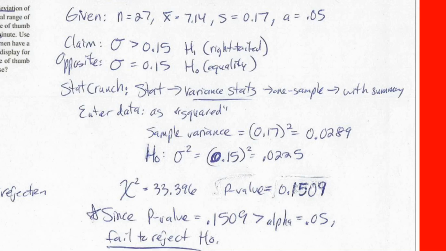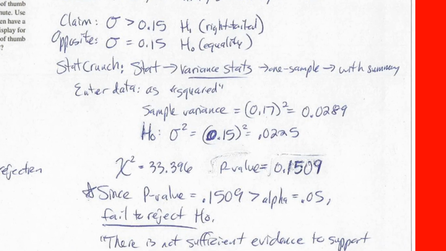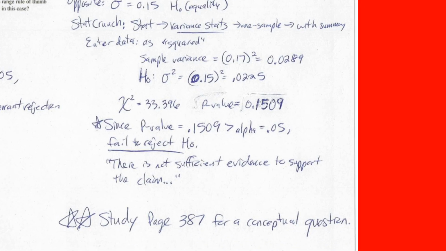So take your 0.15 and square it, and you get 0.0225, and that's what you need to type into StatCrunch. Okay, once you click compute, you're going to get the chi-squared statistic is 33.396 if they ask you for that.